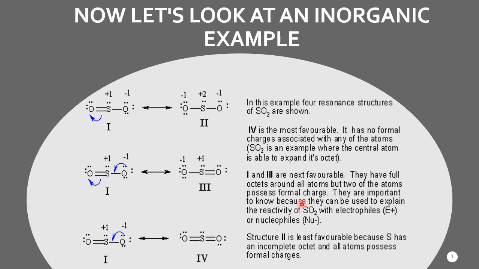Today we are once again discussing the same topic, that is resonance. Resonance has different meanings depending upon the context in which we are using it. In physics, it is related to sound, vibration.